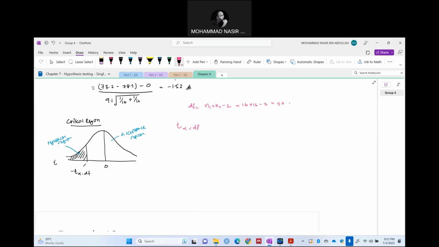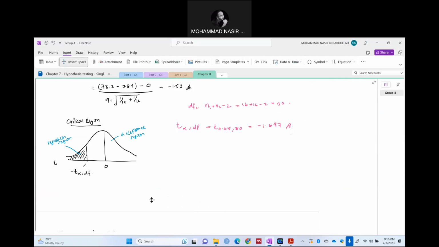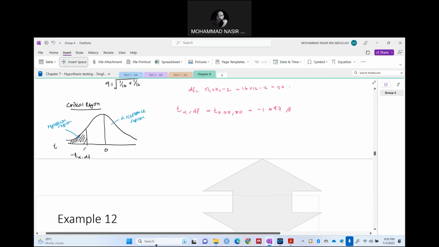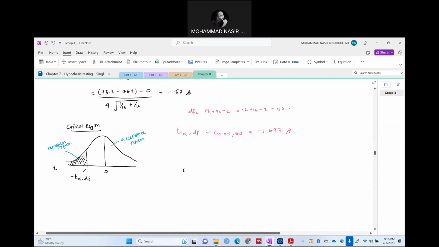Okay, so this is T 0.05, 30, which should be negative 1.697. This is the actual value, but I don't think it will be in your statistical table. But it's okay. In a test, normally we will give you whatever value is in the statistical table.